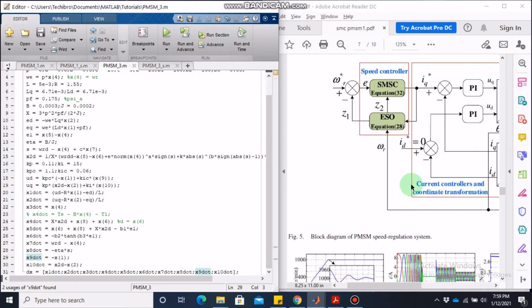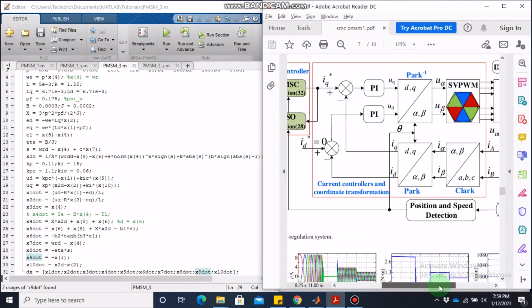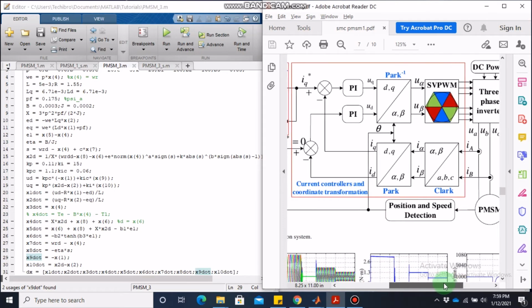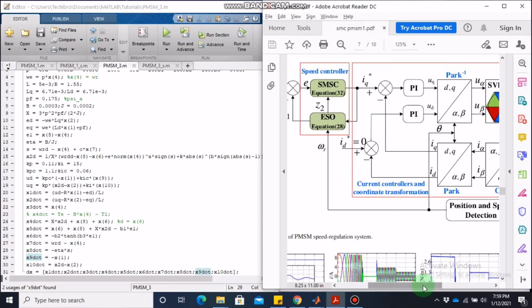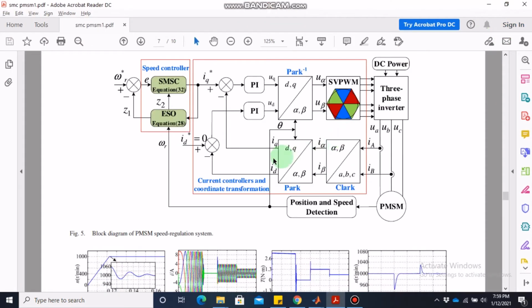So here, if you look, they have implemented this in Simulink. I am not really a very big fan of Simulink, so I have not implemented this in Simulink, although they have shown how you can implement all of this stuff in Simulink, so it is very clear.